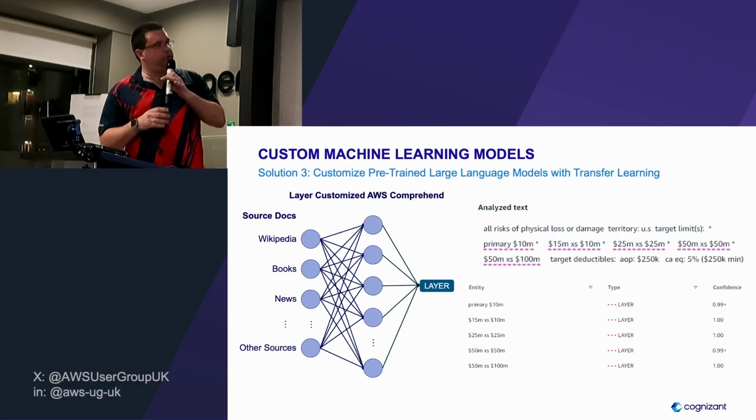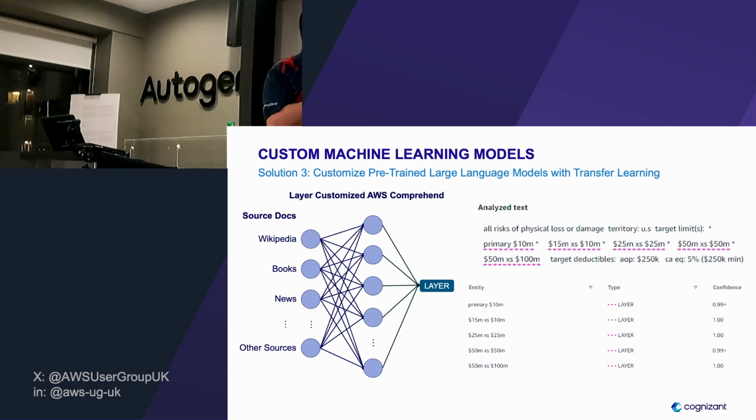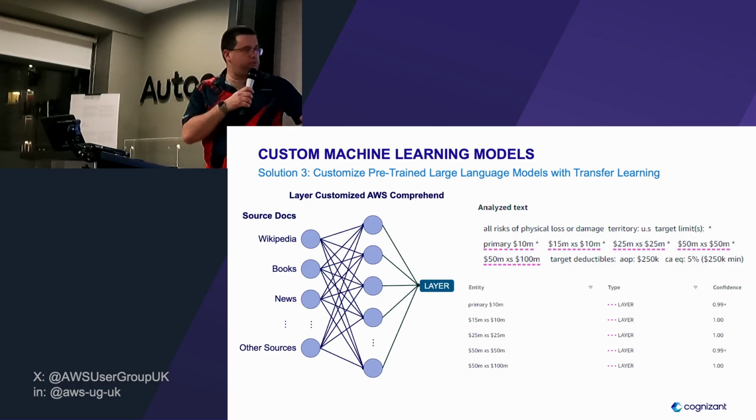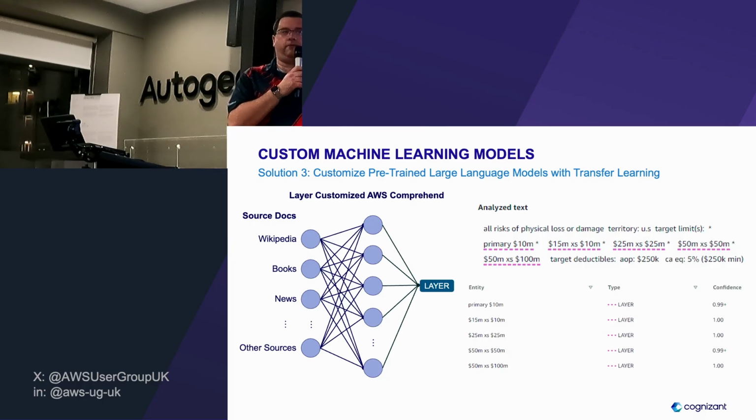We trained it on 200 examples of this, and that allowed us to say, when we see this kind of pattern, we know that it's this kind of amount, and that's a peril and so on, that we could then put through the rest of the system. And we can see how the confidence has also rocketed because we fine-tuned Comprehend.